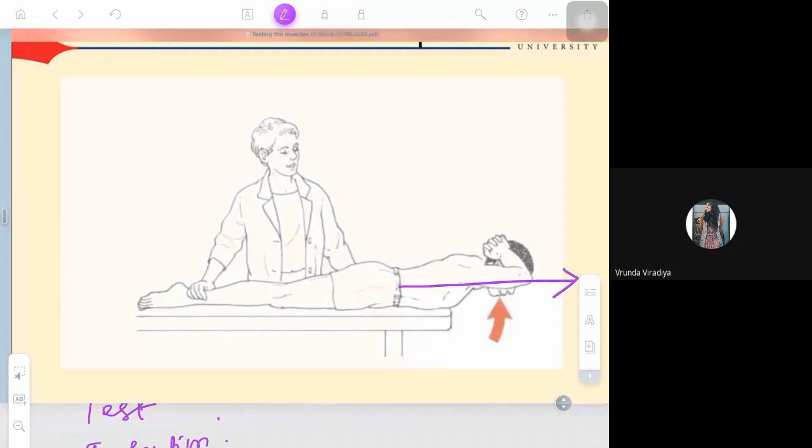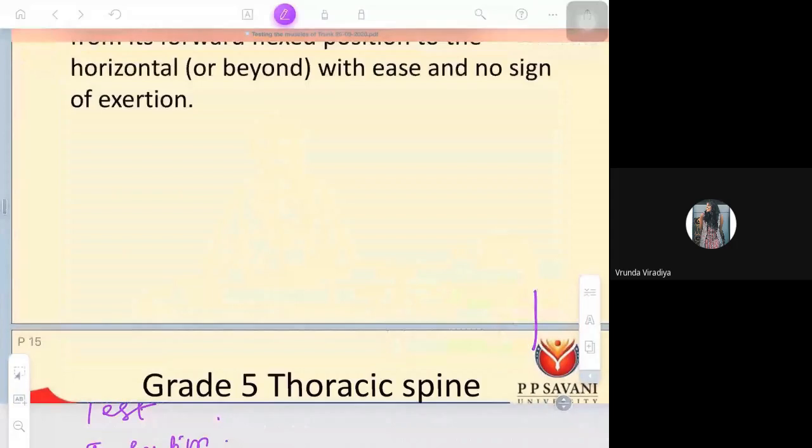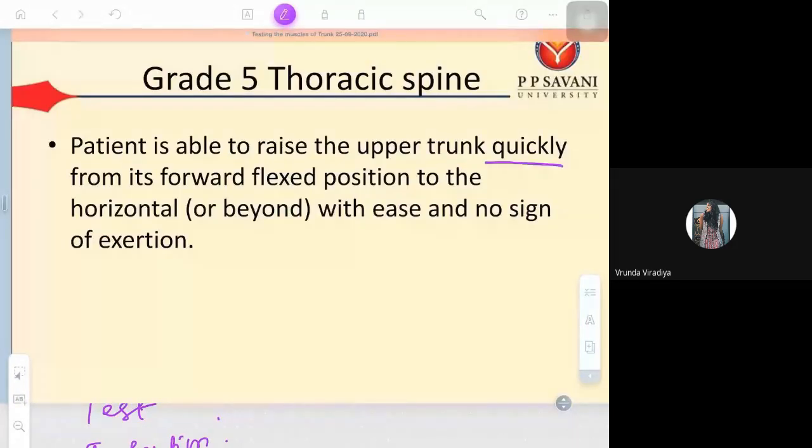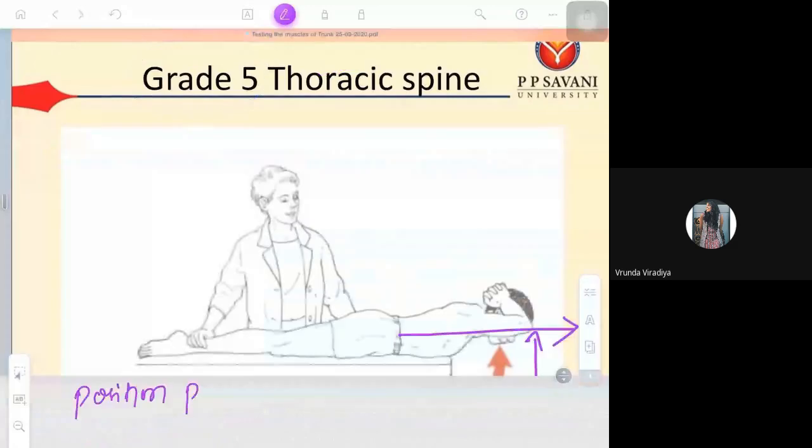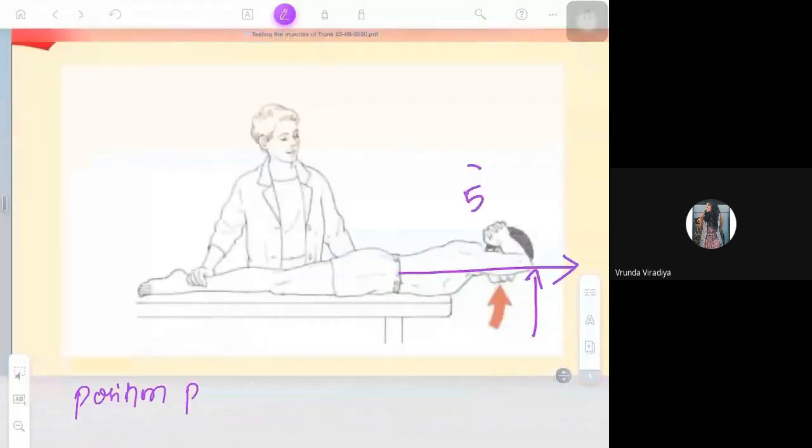So if he is raising it quickly, with ease and without any exertion, if he does the movement quickly and without any significant exertion, then you will grade 5 for the thoracic spine. Okay, this is grade 5 if he does it quickly.